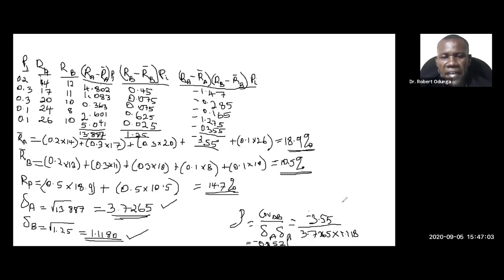We know the covariance, the weights, and the risks of each investment, which are given here. Unless somebody has a question before I do away with this. Any question?